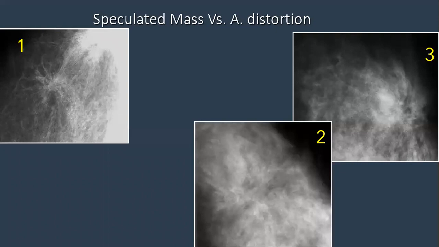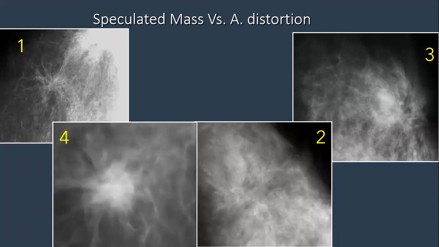Okay. And four? Do you want to change your mind? I changed my mind. Four is the only mass, yes, and all the others are distortion. Excellent. Well done. Four is only the speculated mass, while the others are architectural distortion.